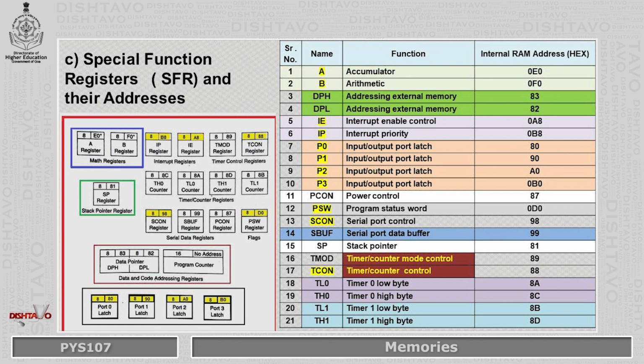The program counter and data pointer are 16-bit registers and each is used to hold the address of bytes in memory. Program instruction bytes are fetched from locations in ROM that are addressed by the program counter.